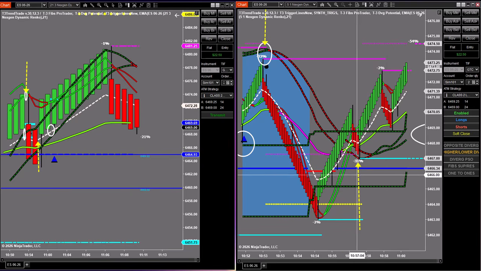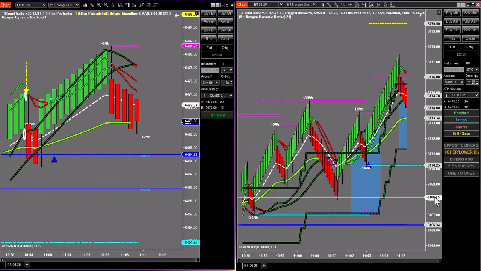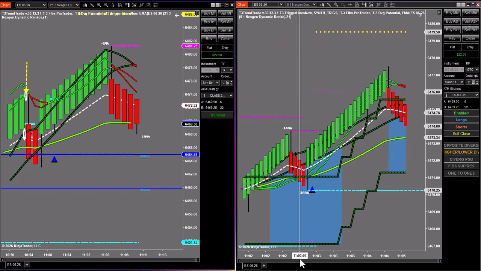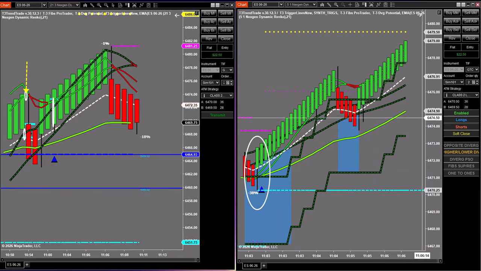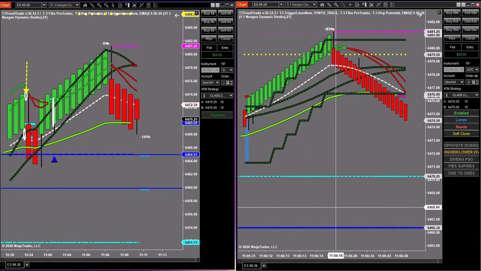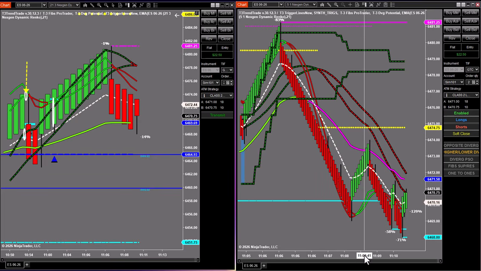So these are discretionary marks. So here's your next signal. And again, I guess that's where the money came from, system-wise. So system signal here, and looks like it made some money and probably trailed. I don't know where it got out, but anyway. So I think that was our money winner.